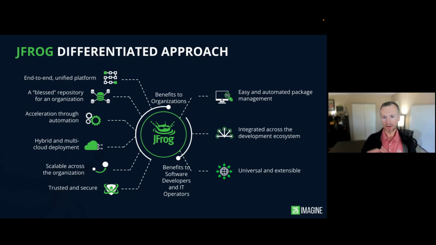In the hybrid approach, they've got perhaps some repositories that are self-hosted in their own data centers or private clouds, as well as extending that out to Azure and using parts of that natively within Azure. We can support that sort of architecture, of course. It needs to be scalable across the whole organization, and it needs to be trusted and secure. Ultimately, if we don't make a platform that can move securely at velocity, you folks know that nobody's going to want to use it.